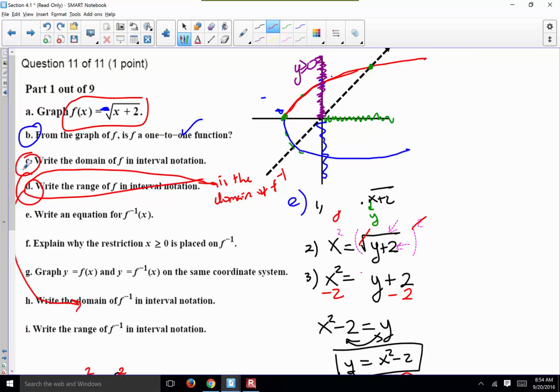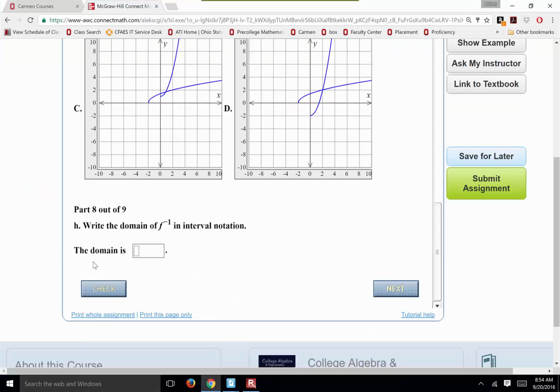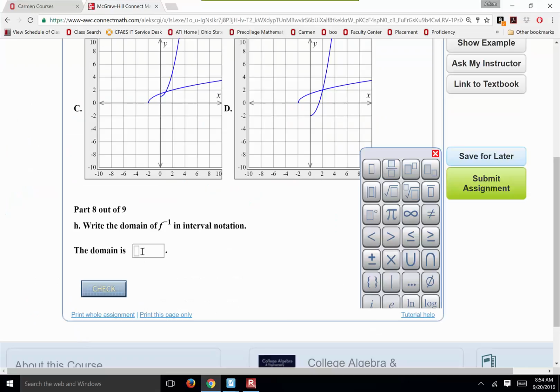Whatever domain you pick for F is going to be the range of F inverse. So it's just asking for part C and D again here. The domain of F was all values more than 0, right? And the range is the same as well.